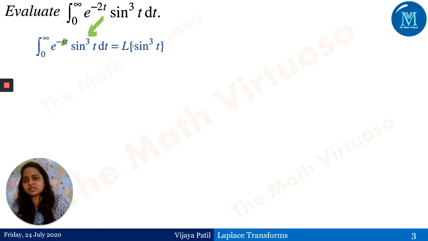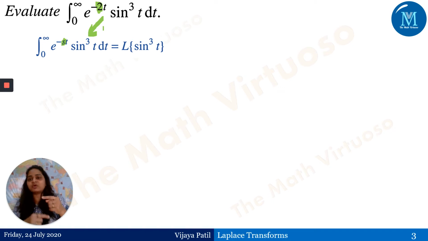Whenever we write Laplace of sine cube of t, we use e to the power minus st, and in this question it is given as 2. So it's quite obvious that you have to find the Laplace transform of sine cube of t, and at the end, whenever I get the Laplace transform in terms of s, I just replace that s with 2. Very simple.